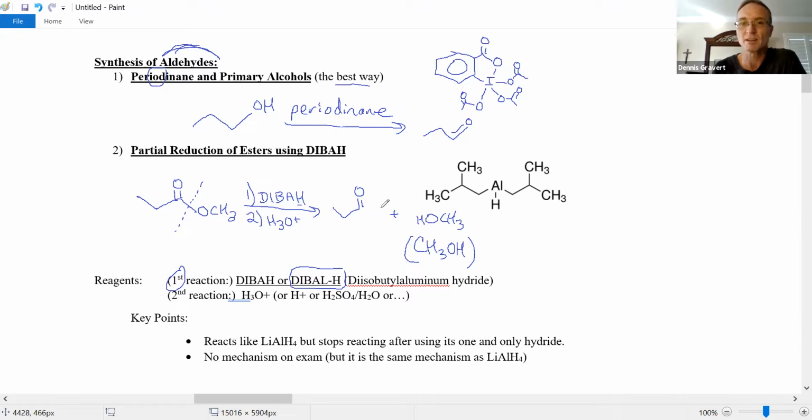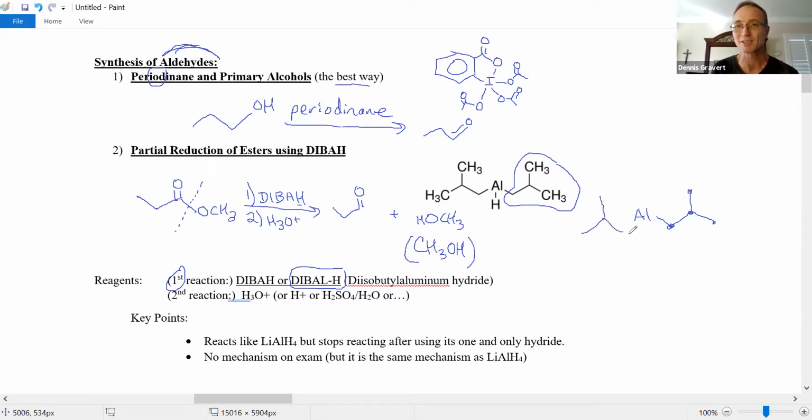I know it's a little weird, but let's make it a little more familiar. The reagent DIBAH stands for diisobutyl. So right here, that looks weird with those methyls. If I put the aluminum here, I have an isomer of butane, an isobutyl group, and then you're going to do it twice.